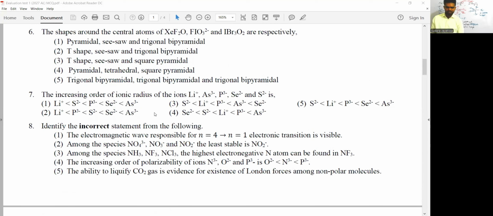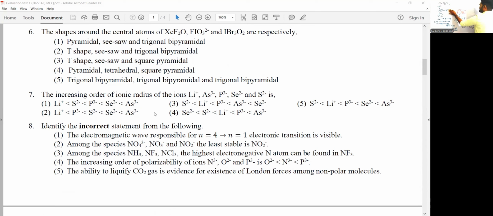Right, now look at the 7th question. The increasing order of the ionic radius of the ions: lithium, arsenic, and there are several ions given. You'll see how to do that. First of all, use the periodic table and find the locations of these elements.